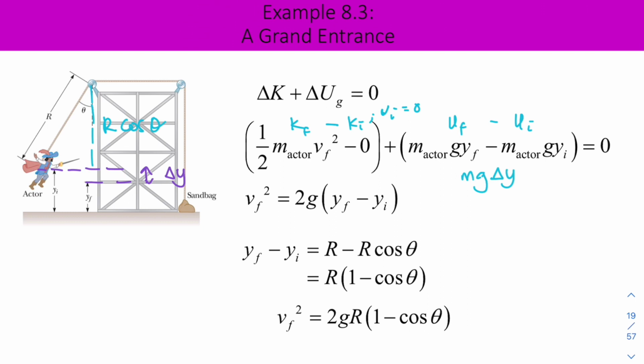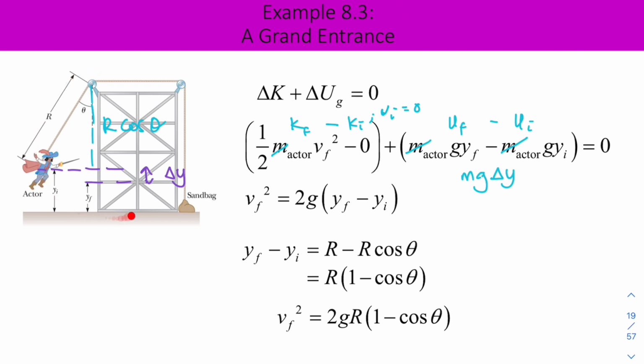Then equivalent to 0. So the m can be cancelled out, as already shown in the previous equation. So what we have here is v final squared of the actor equivalent to 2g times y final minus y initial, also known as delta y.